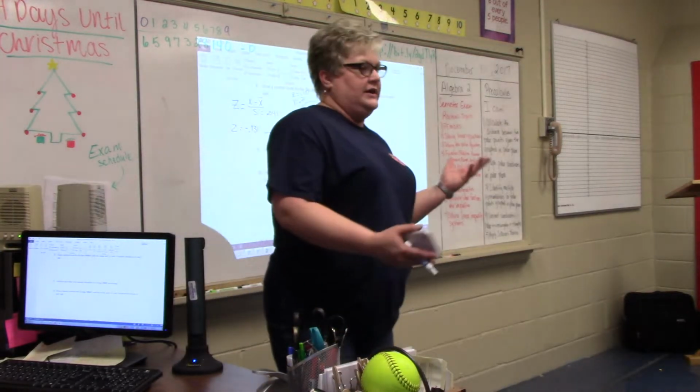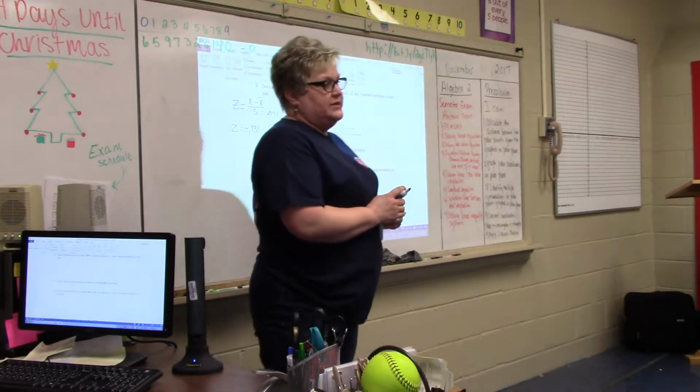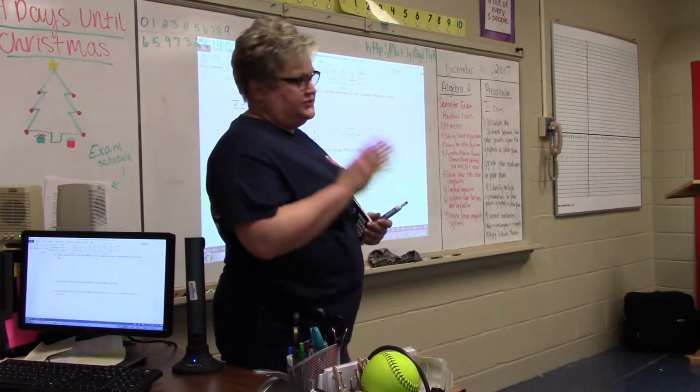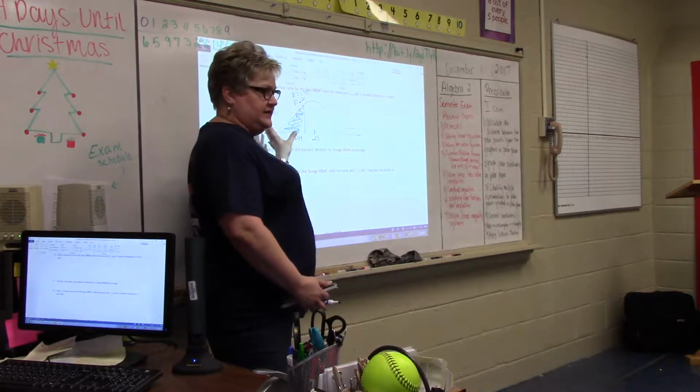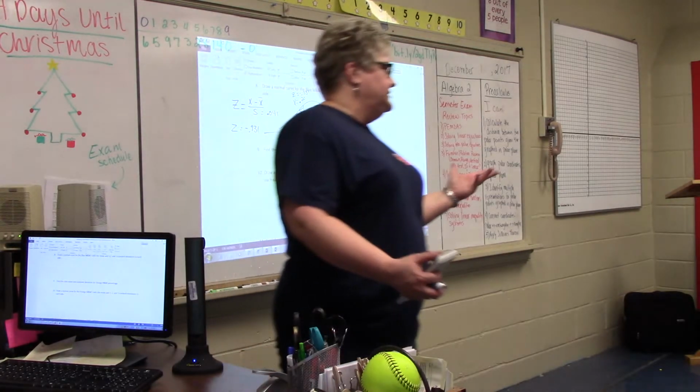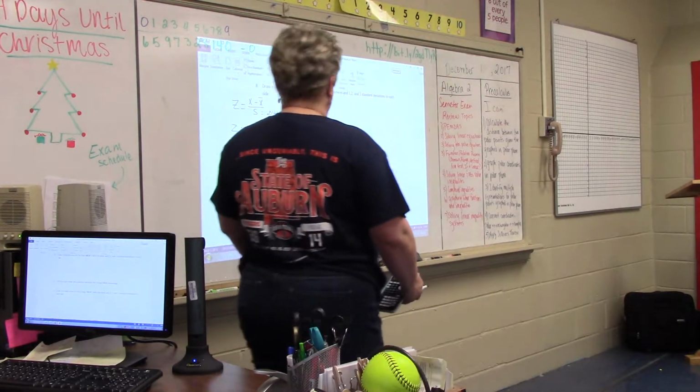Again, you need to know how to use it both ways, mainly because of the time factor. The AP tests your time, and sometimes it's quicker to enter the X stuff than to get to the Z score. It just depends on what they're asking you for. So plug in what you need.